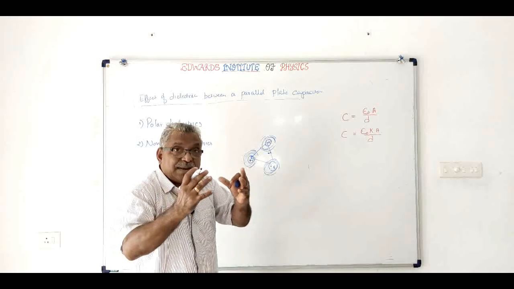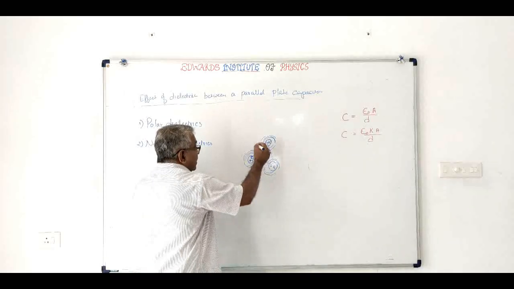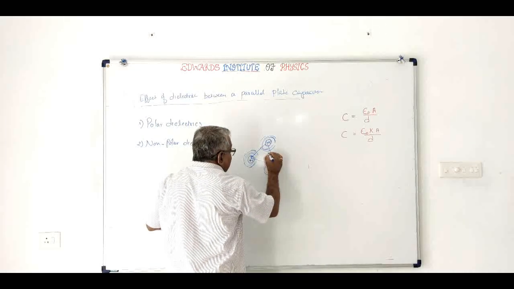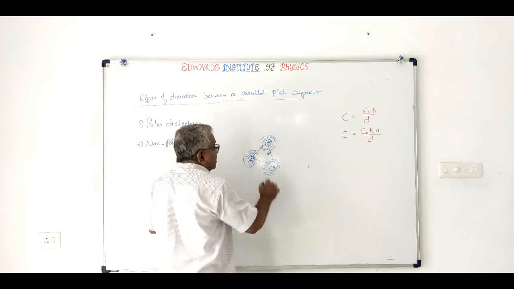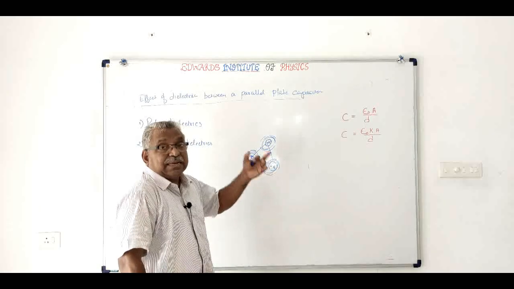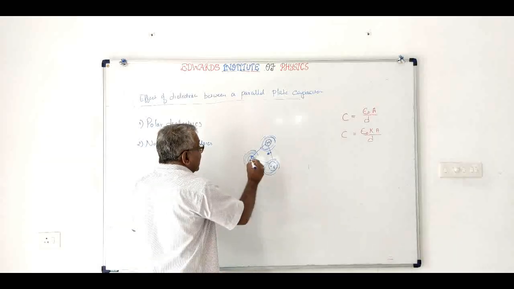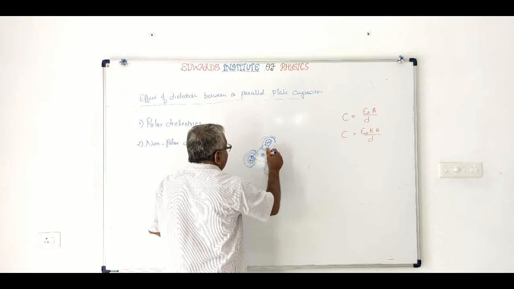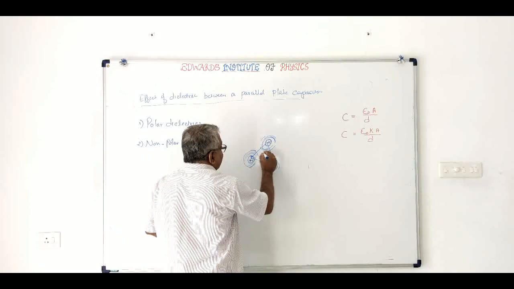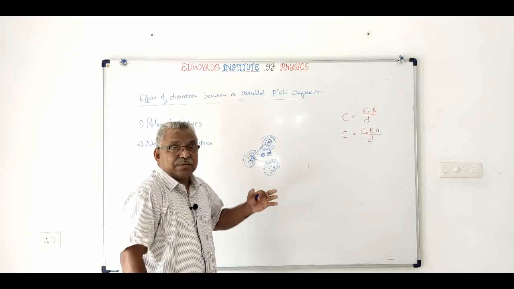If you consider the negative charge alone, sometimes the center of the negative charge will coincide with that point. In some molecules, the center of the negative charge will be somewhere here, and this will be the center of the positive charge. Understood?